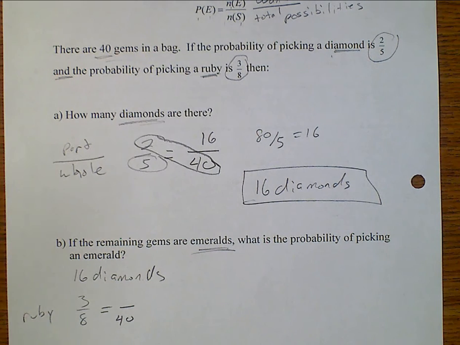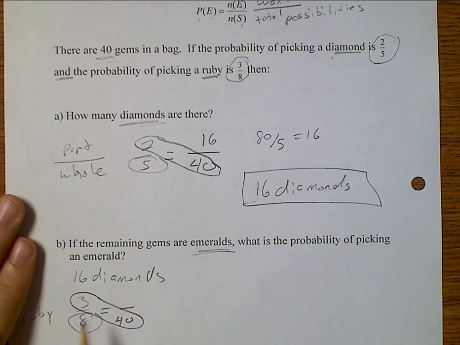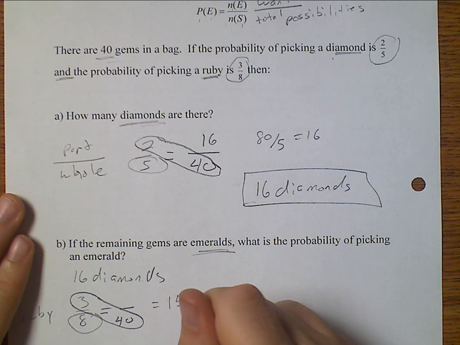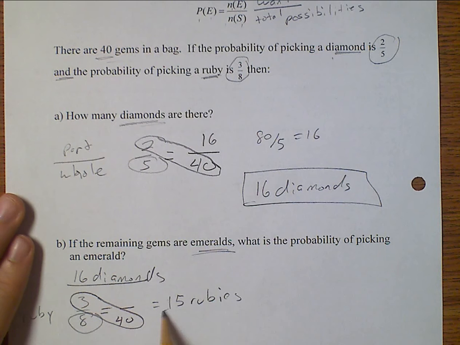And so we do 3 times 40 divided by 8. Gives us 15. So 16 diamonds, 15 rubies.